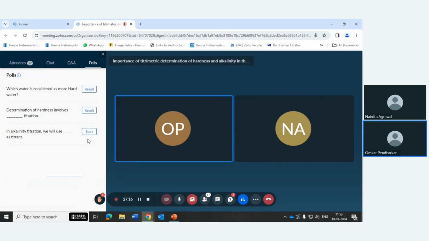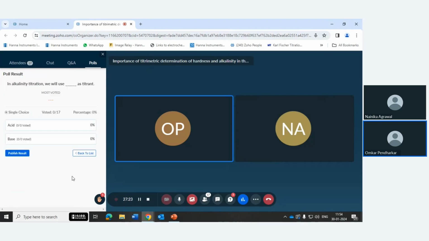And last poll for you. In alkalinity titration, we will use dash dash as titrant solution. Your options are acid or base.